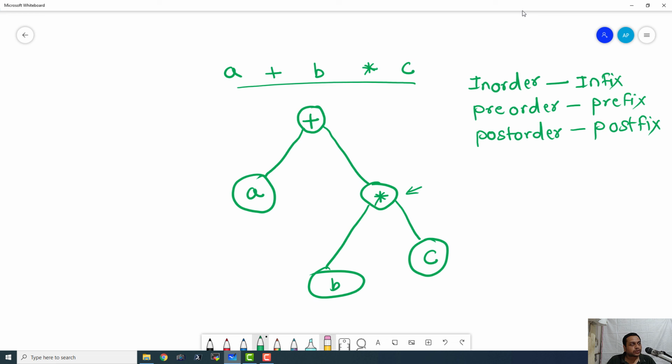Unary operators take only a single operand, and minus is a very good example of a unary as well as binary operator. Minus a means you are multiplying a with -1, and b minus a means you are subtracting a from b. This is the binary usage, and this is unary.